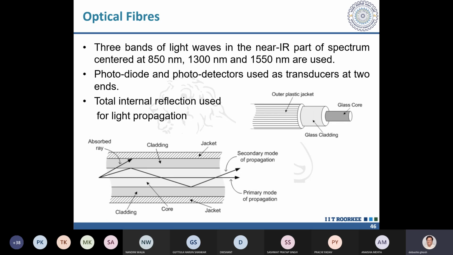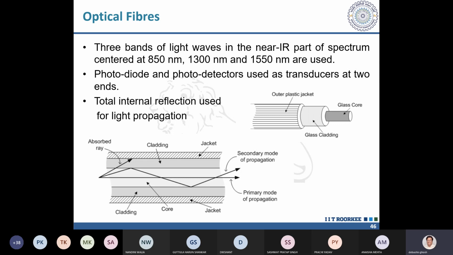If the direction of a ray is like this, you know that if the incident angle is greater than or at least equal to the critical angle, then you will have total internal reflection.